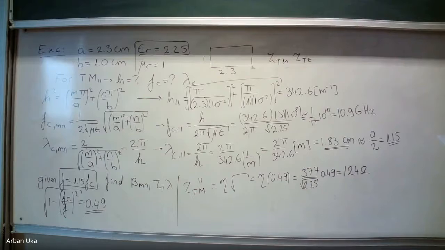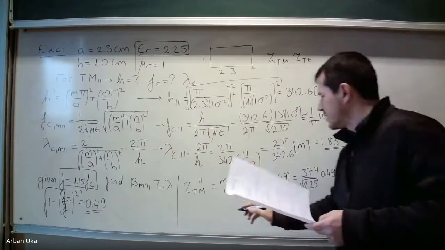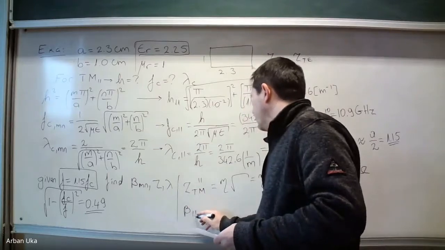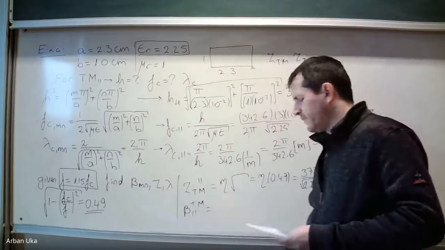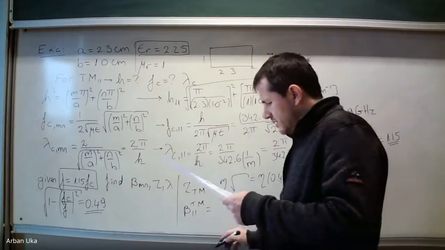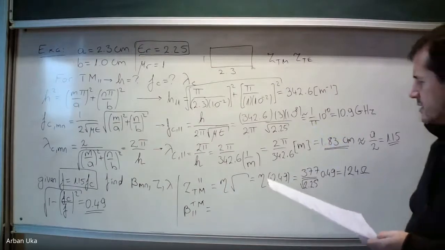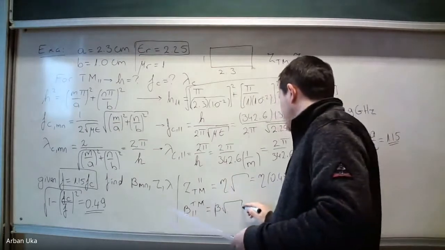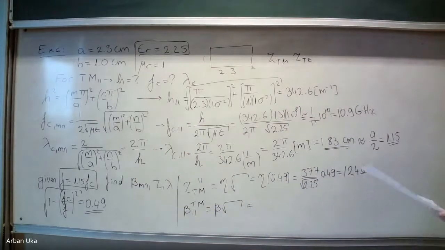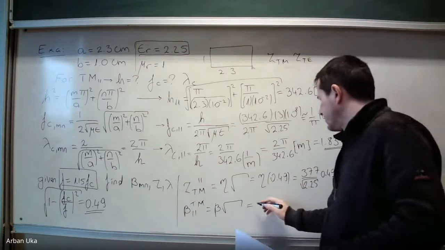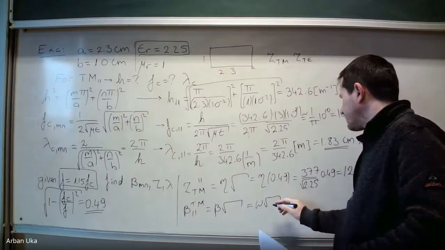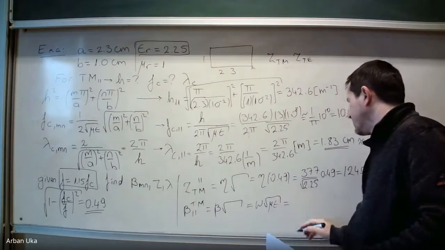The beta for the 1, 1 transverse magnetic mode is equal to beta times the square root, and we should not forget that beta itself is omega times the square root of permeability times permittivity.